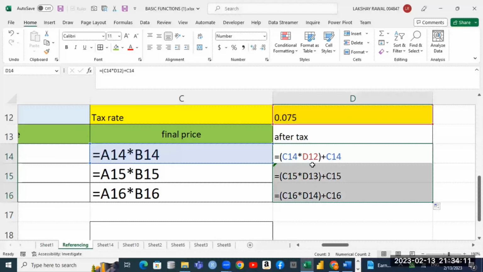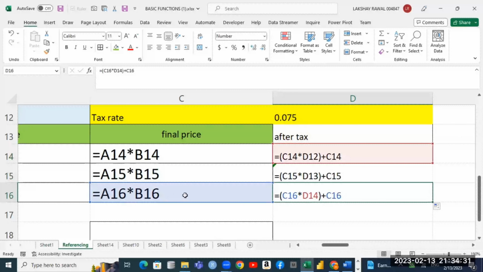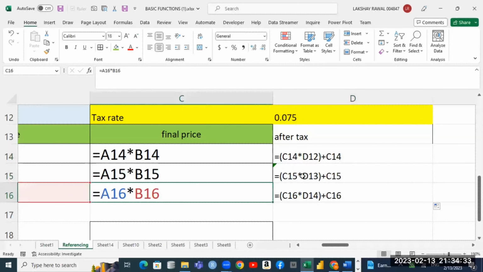C14 is fine; only which part is wrong? Rest everything is okay, only the row number. D13 and D14 are wrong. C15 is okay, and C16 is okay.